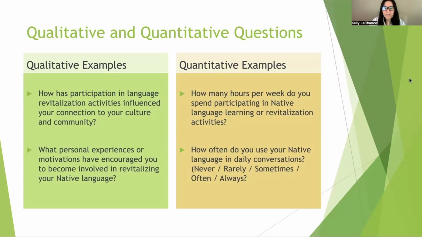So let's look at these questions. How many hours per week do you spend participating in native language learning or revitalization activities? How often do you use your native language in daily conversations? Never, rarely, sometimes, often, always.